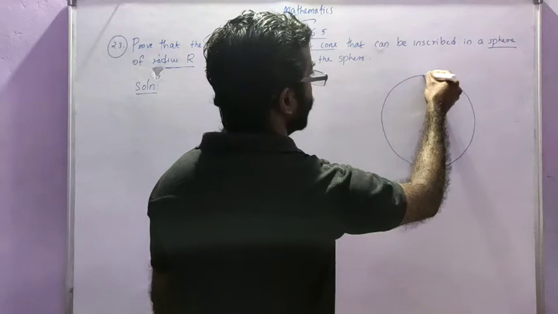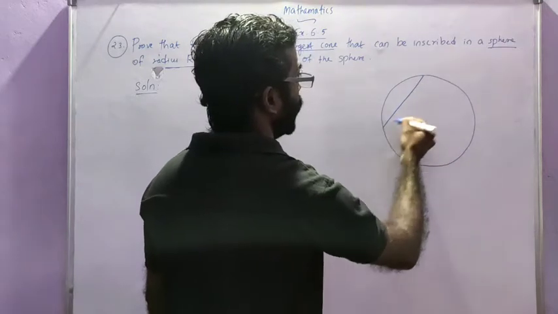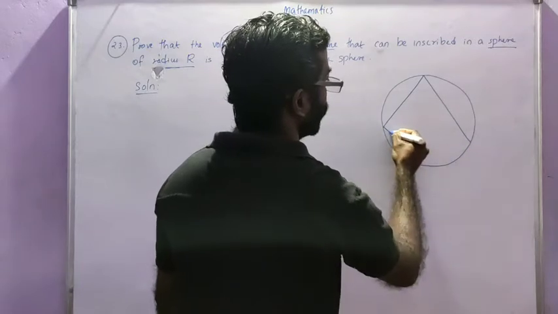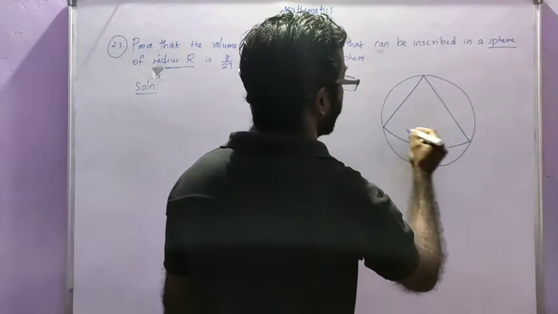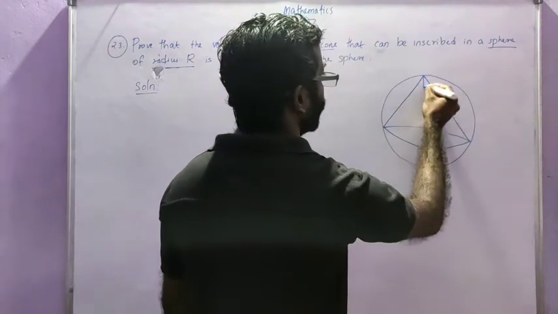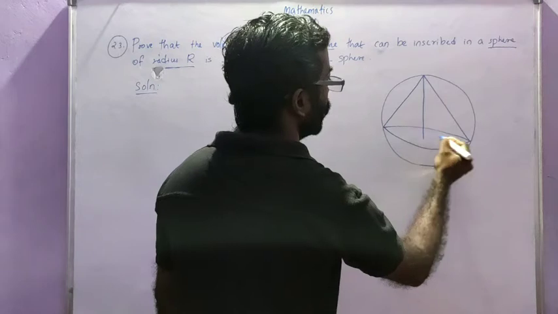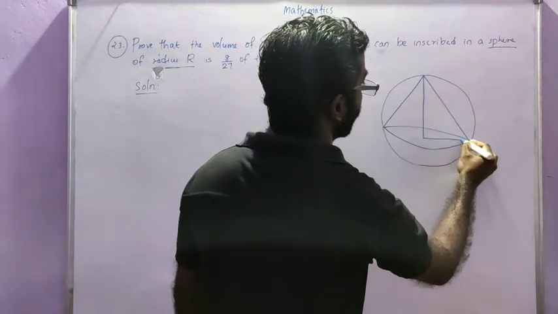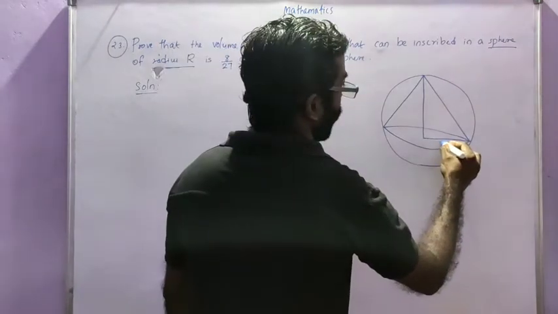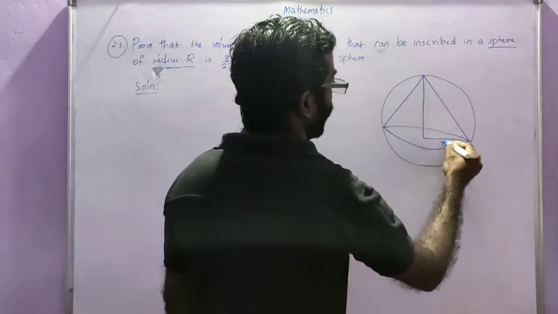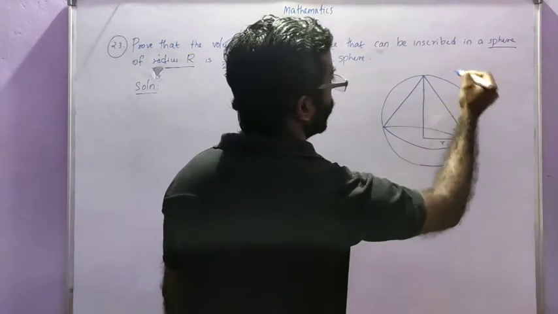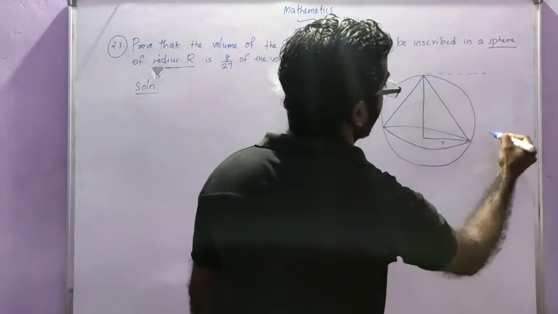A cone is inscribed in a sphere. So let r be the radius of the cone and h be the height of the cone, inscribed cone.